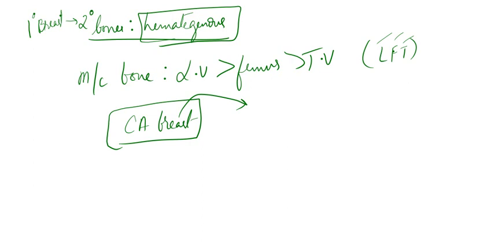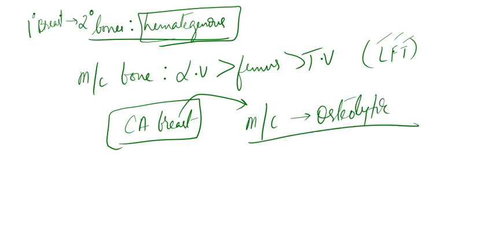Of the two, what is most common, osteolytic or osteoblastic secondary? It is the osteolytic type of secondary that occurs in breast cancer metastasis.